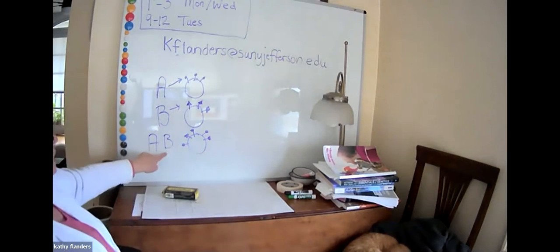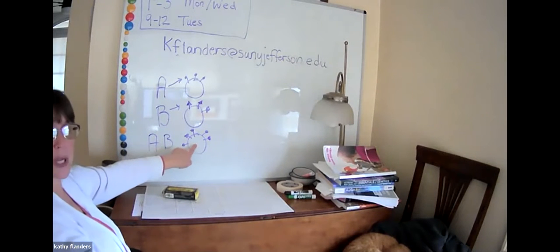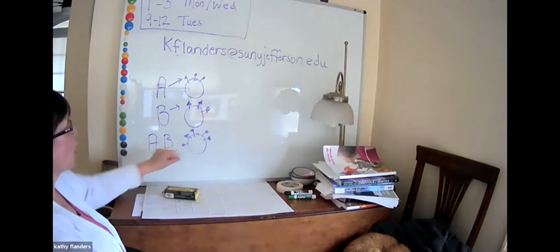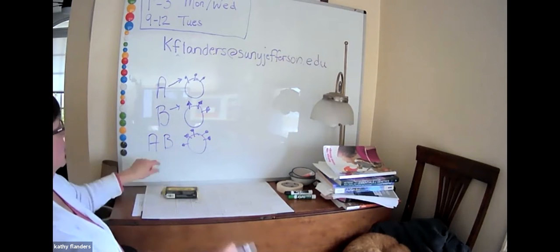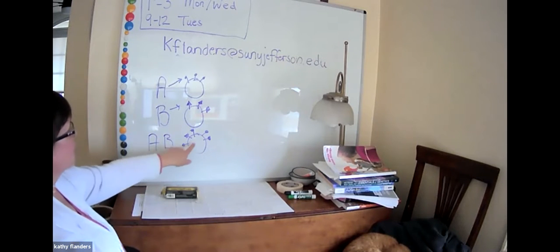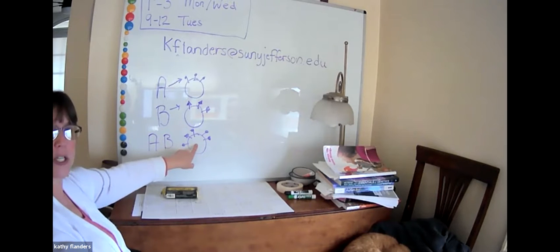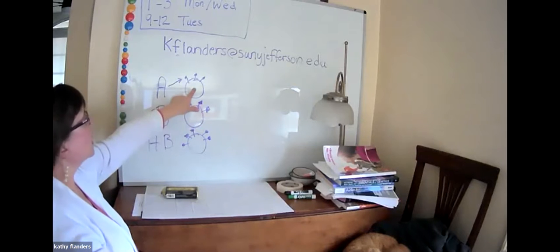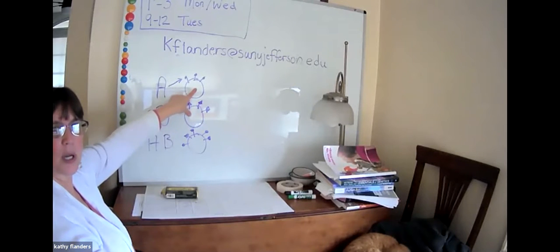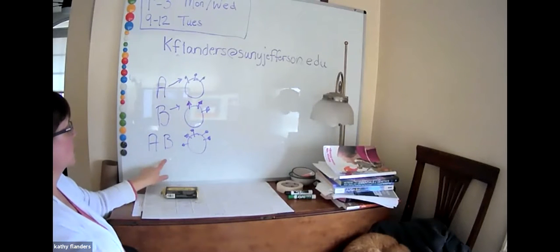So my A and B are both going to be expressed on the surface. That's called codominance. They go with each other. So they're working together. They're going to make my cell look different than either the B by itself or the A by itself. That's codominance.